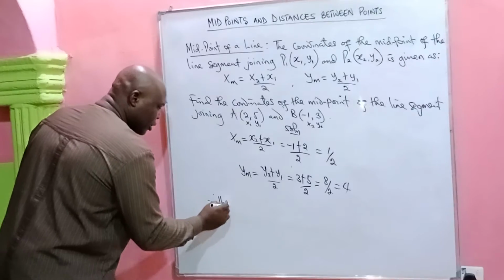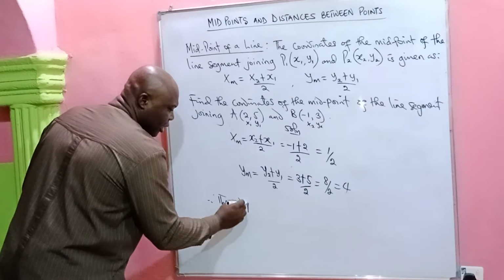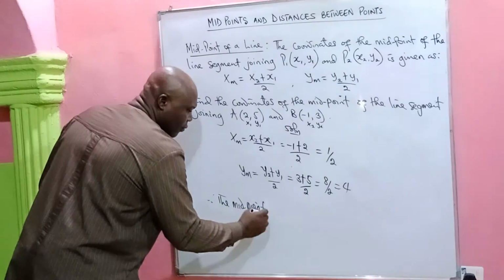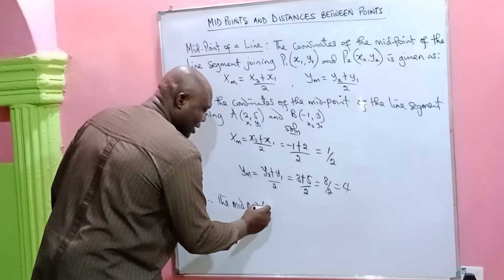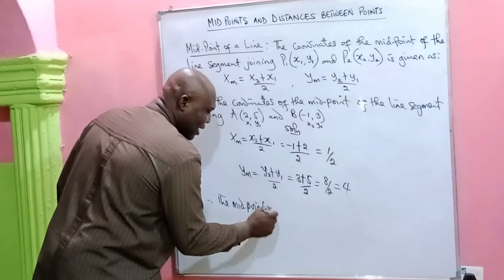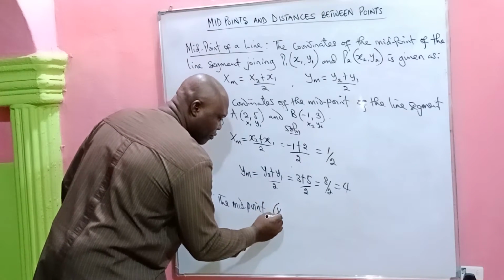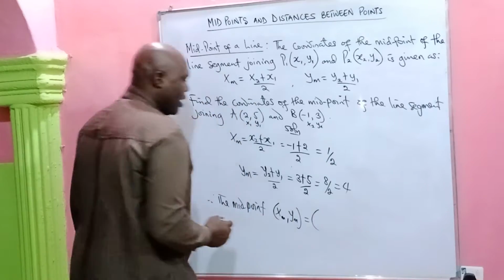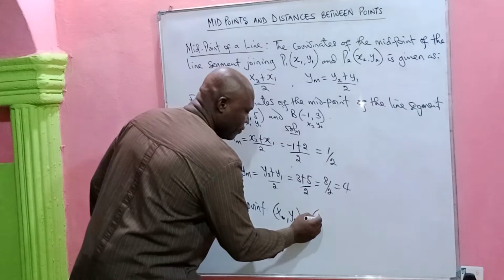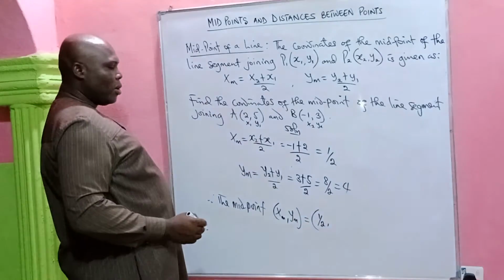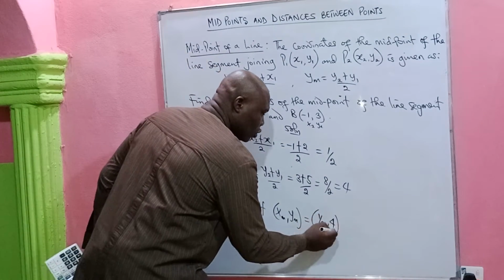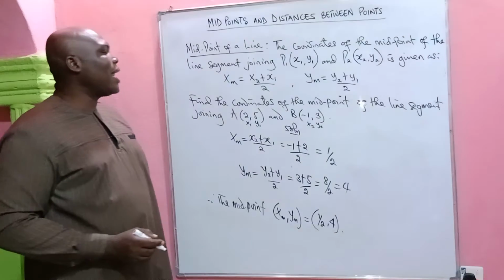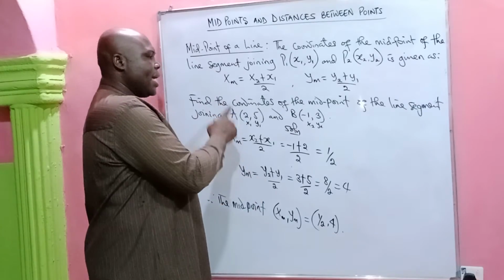Therefore, the midpoint, which is represented as x of m comma y of m, will be our x of m, which gave us half, and our y of m, which gave us 4. So this is the midpoint of the line segment joining A and B.